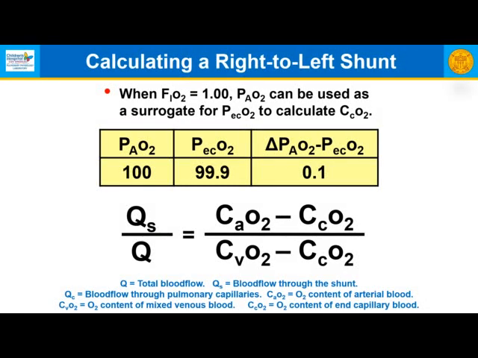So what's shown here is the P alveolar O2 on 100% oxygen, P capillary O2 on 100% oxygen, which is 99.9. The A-a O2 gradient here is negligible. So basically, you can in fact calculate this when you are breathing 100% oxygen if you use P alveolar O2 to get this value.